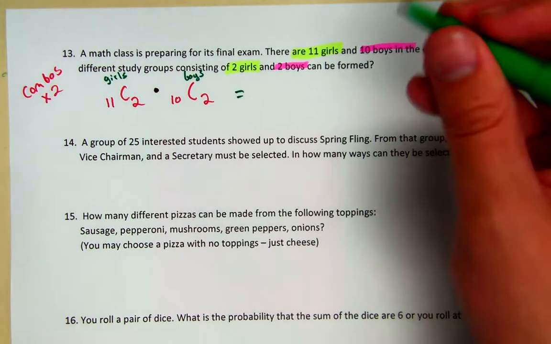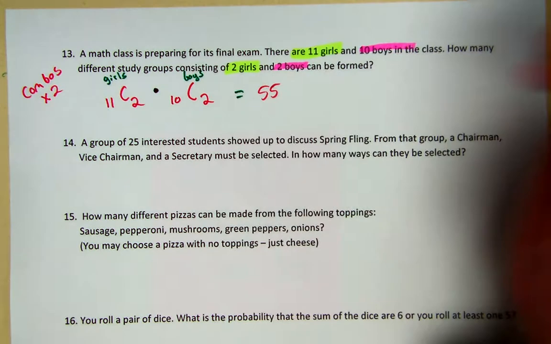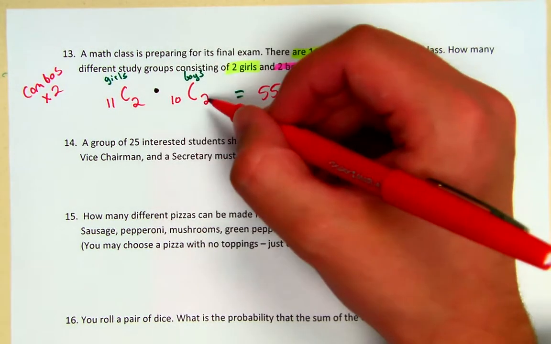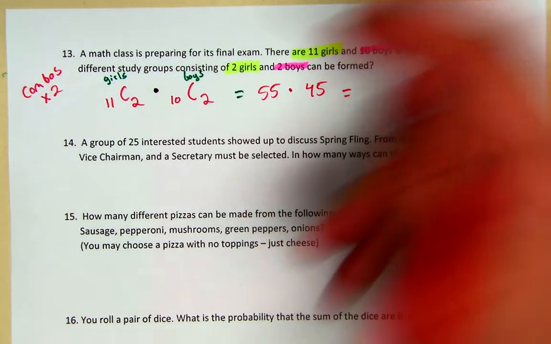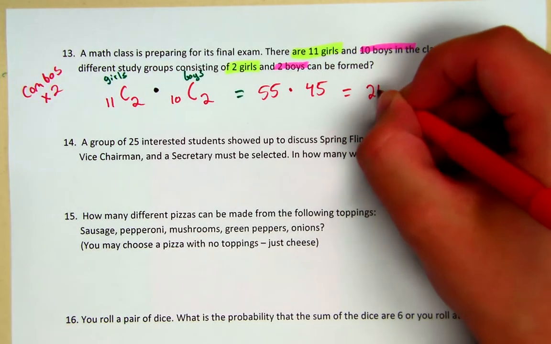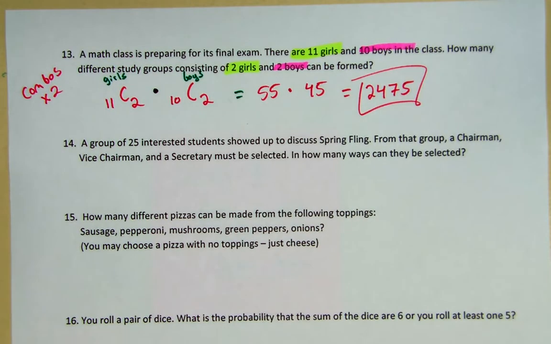So what does that give us? Our first one, we get 55 ways, and we're going to multiply it by 45. So that's how I would put those in, and then eventually 55 times 45 gives us 2475. That's how many different groups of 4 can be made of 2 girls, 2 boys.